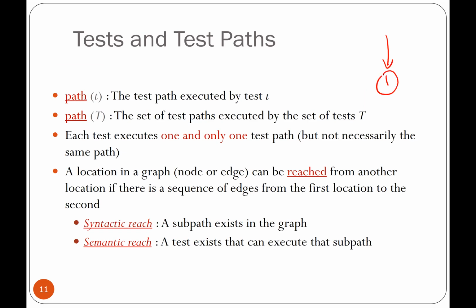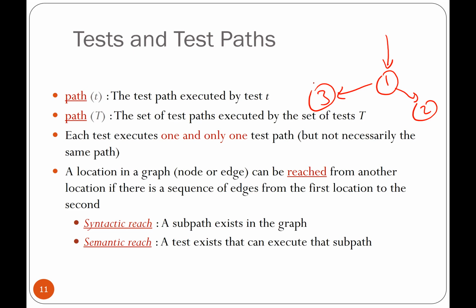I have a little if statement, so I can go to either node 2 or node 3. So from a syntactic reach, as I'm coming down, I can reach node 2 and node 3. There's a logical connection of edges that allows me to reach node 2 and node 3.